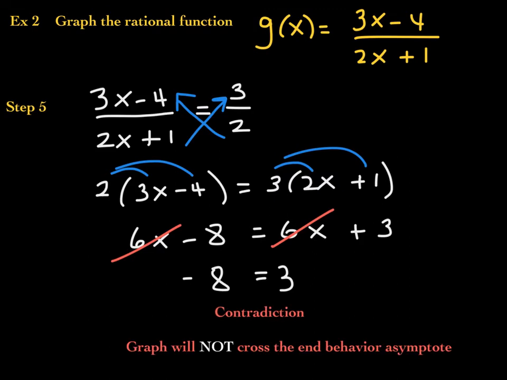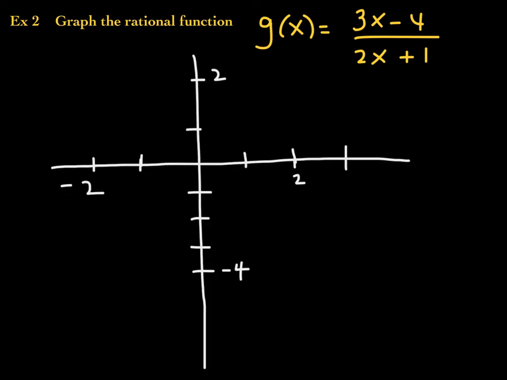All right, I think we might have everything we need in order to graph our function. So let's go to the x and y coordinate plane and just plot everything that we just found. All right, let's plot our vertical asymptote, which is x is equal to negative 1/2. This is your vertical asymptote, and there's only one.